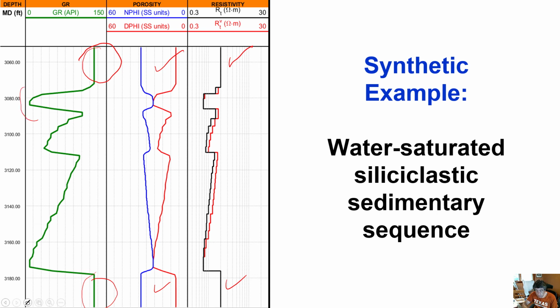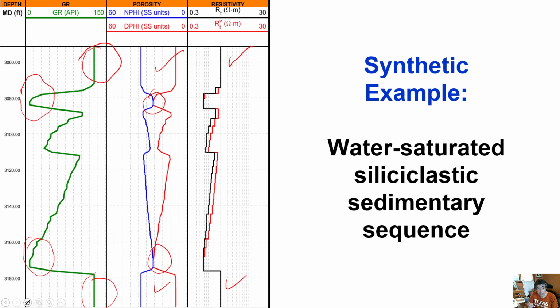When the gamma ray log exhibits the lowest values of the sequence, those are the lowest values, and to remind you, this is water saturated. What we expect is that if for those lowest values of gamma ray log, the sandstone is shale free, the neutron and density logs expressed in sandstone porosity units should overlap.